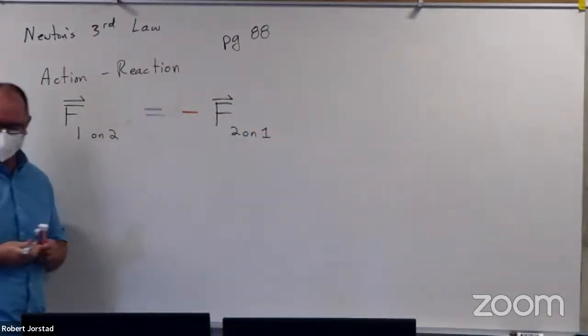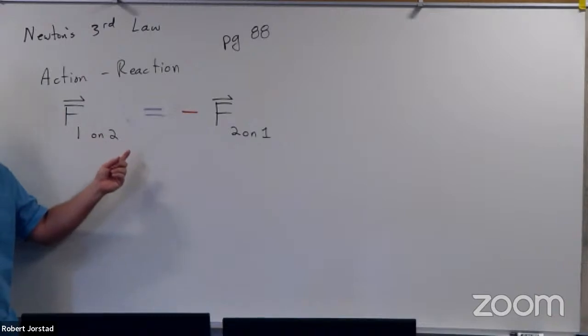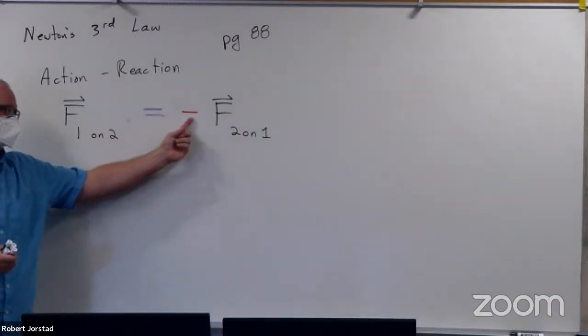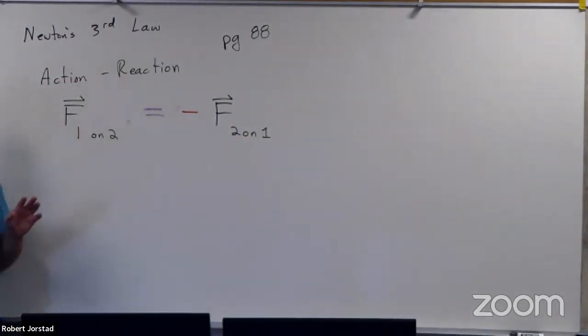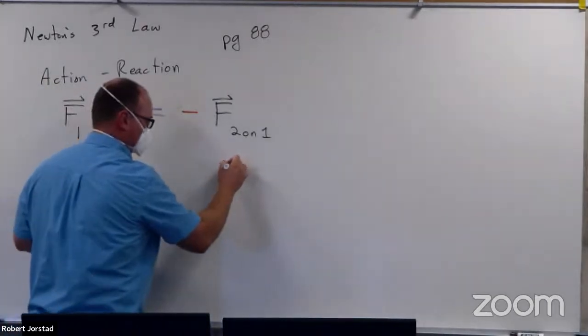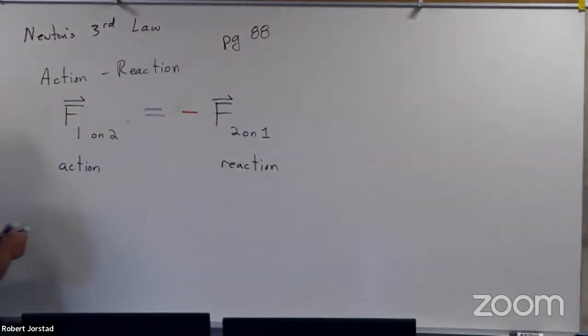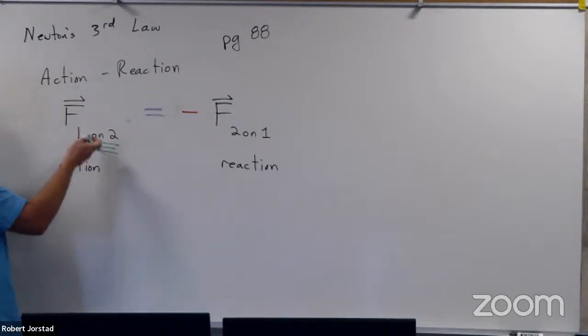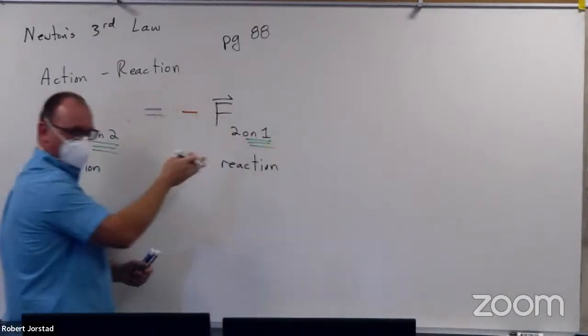There's a lot hidden in this one phrase. The force that one exerts on two is equal and opposite the force that two exerts on one. Now, a fundamental thing here: notice if we call this the action and this the reaction, this one acts on two, and this one acts on one.